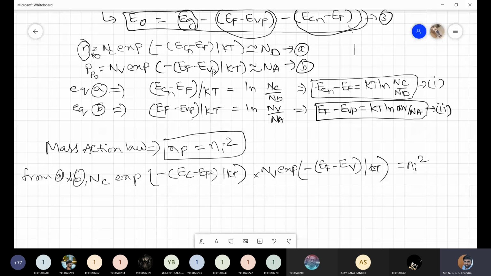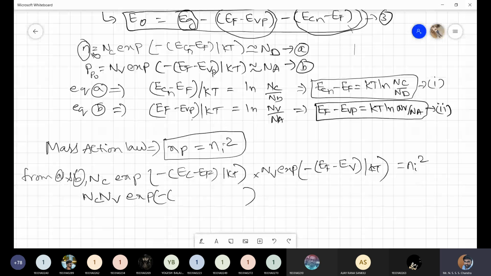I'll take the exponential terms at one go. Exponent of a into exponent of b results in exponent of a plus b, right? So I'll be adding these terms. Within the minus sign, I'll have EC minus EF plus EF minus EV. So this minus EF plus EF gets cancelled.